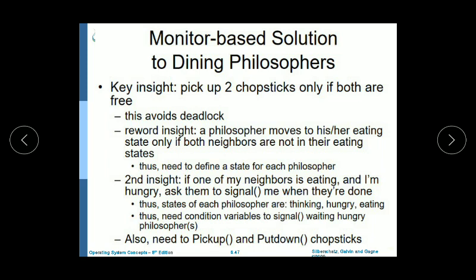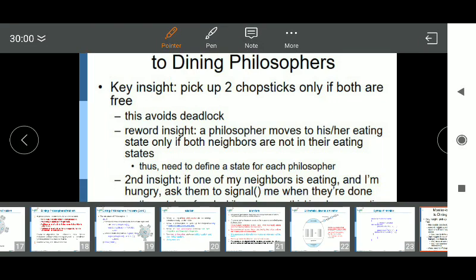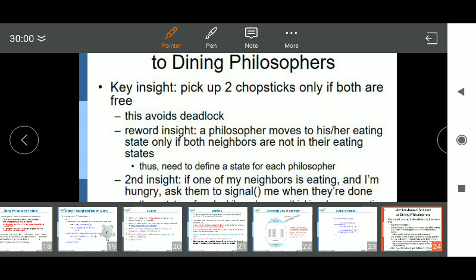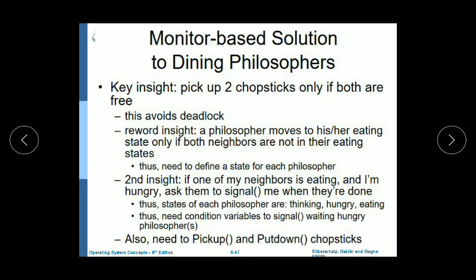The states of each philosopher are thinking, hungry and eating. Thus we need a condition variable to signal waiting, hungry philosophers. Also, we need two functions, pickup and putdown. Pickup means picking up the chopsticks. Putdown means putting the chopsticks down after eating.